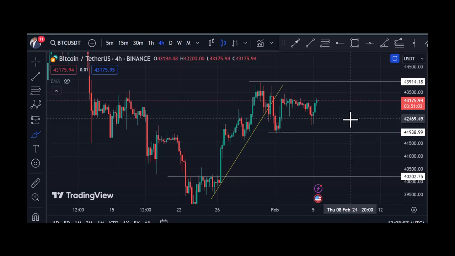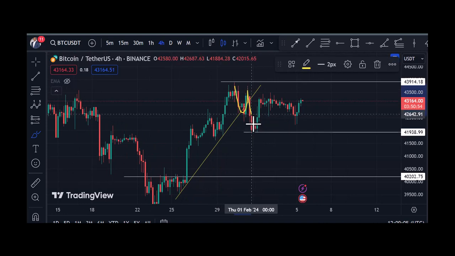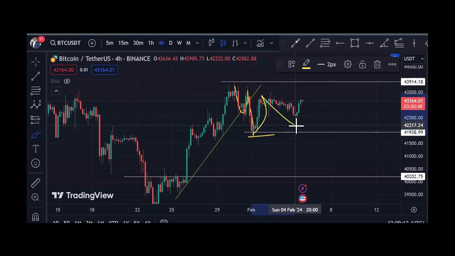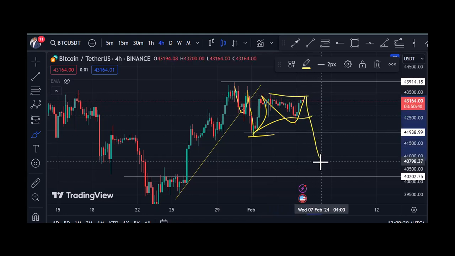Now, if you take a look at what is going on here, we can see clearly from the 4 hour chart that we have seen an impulse, correction, impulse. All right, this is one wave. Here there are possibilities that this can be a contracting flat, whereby it drops.